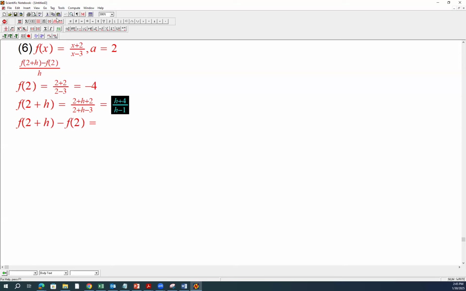Well, we have this fraction form subtracting negative 4. Minus negative 4, that's a plus 4, right? So we got this piece, and now it's a plus 4. And then what do we do? Can we reduce further?